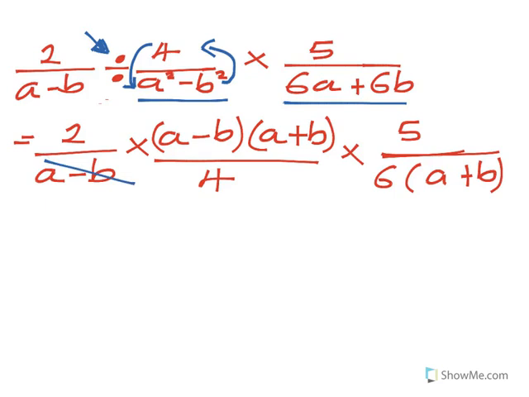You can see that a minus b can cancel that a minus b. A plus b can cancel the bottom a plus b. The 2 can cancel into 1, and 2 into 4 is a 2.